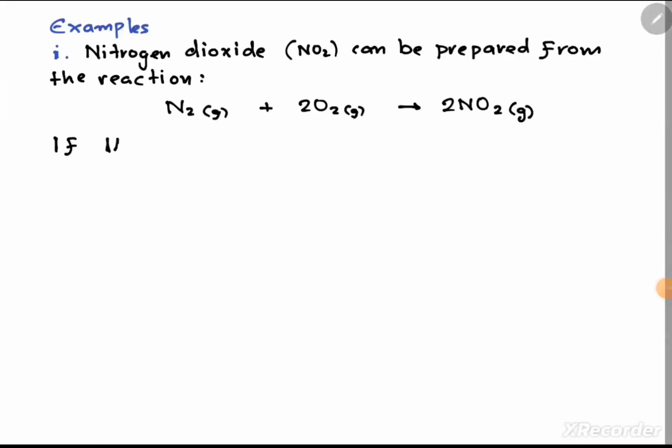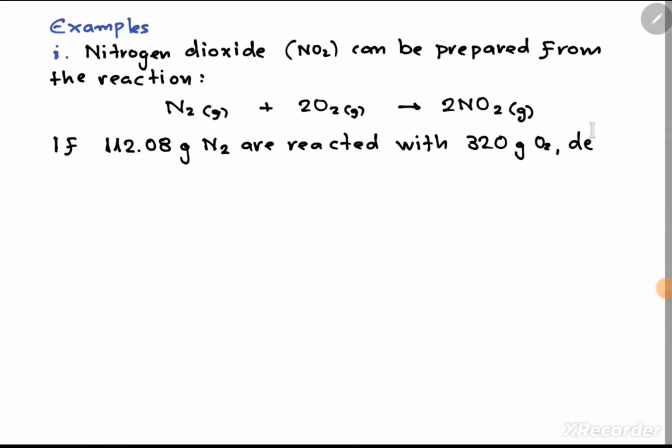If 112.08 grams nitrogen are reacted with 320 grams oxygen, determine the mass of nitrogen dioxide that can be formed.